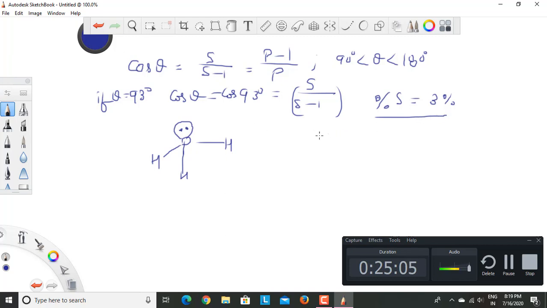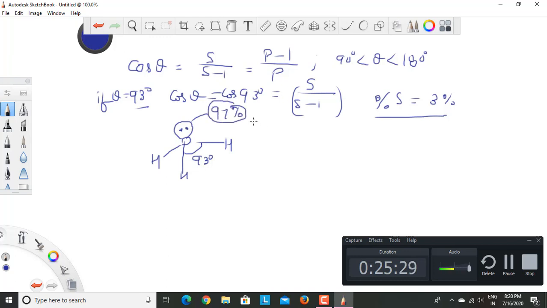Now the percentage s character of this bond angle, 93 degree, so the PH bond angle is 93. In this bond angle, the percentage s character is coming 3%. If this is 3%, then the percentage s character of the lone pair will be 97%.